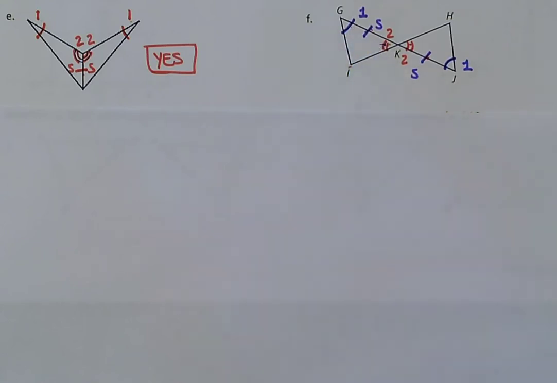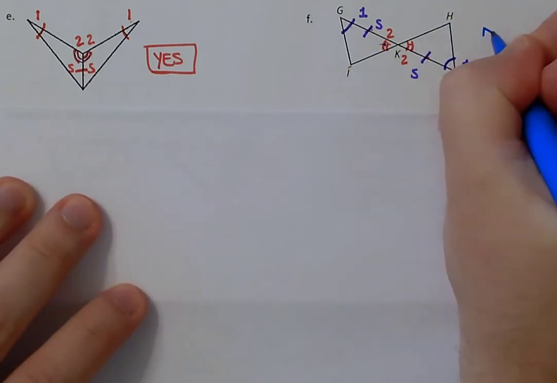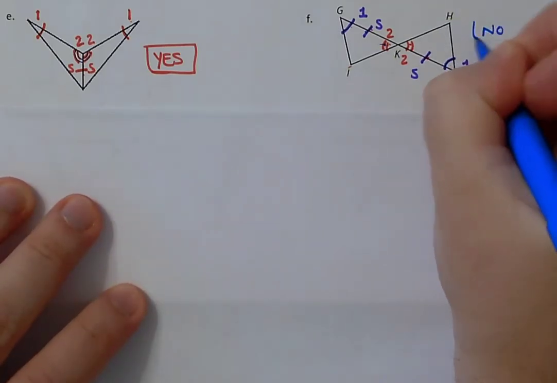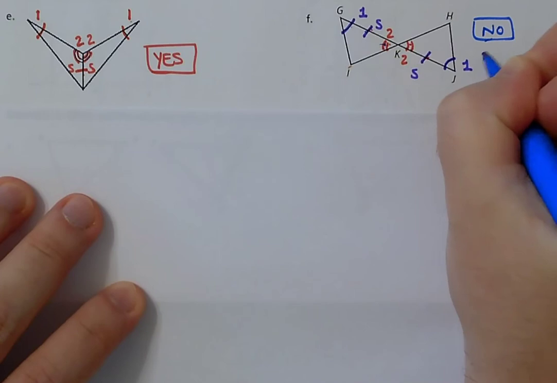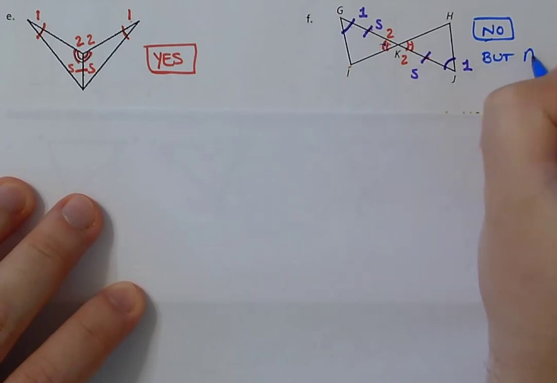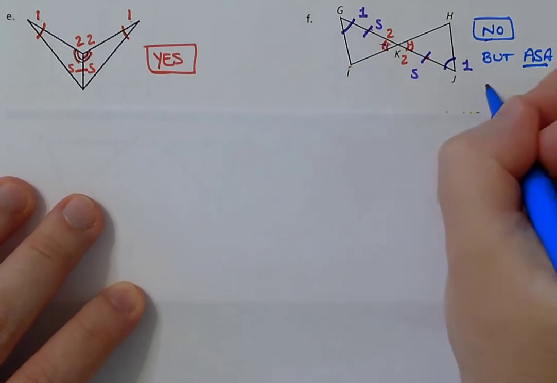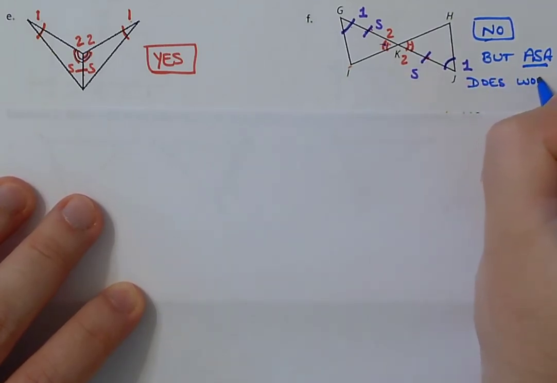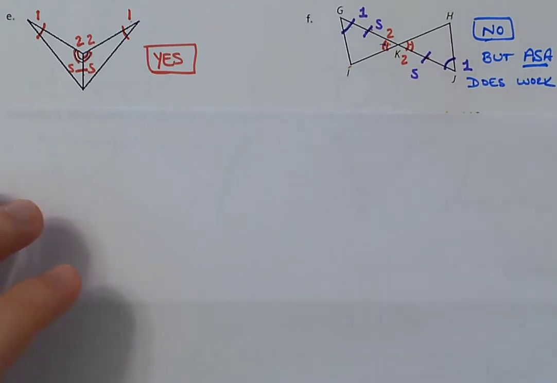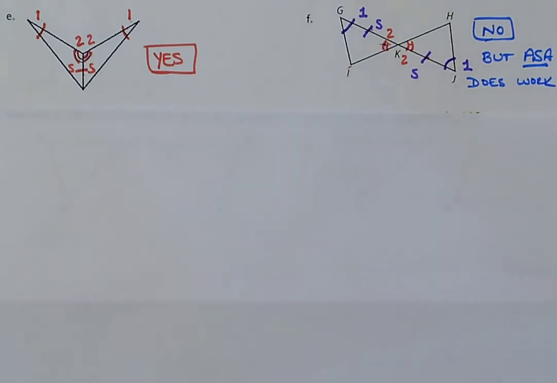So this does not work based off angle, angle, side, but angle, side, angle does work. So it's a no based off angle, angle, side, but it would work if we could use angle, side, angle.